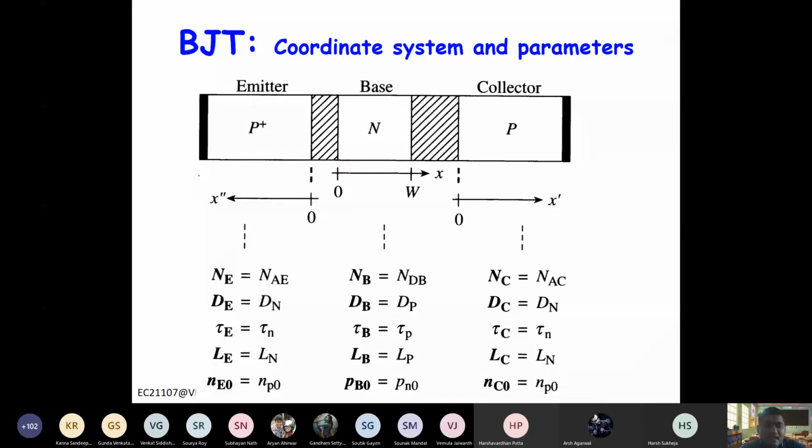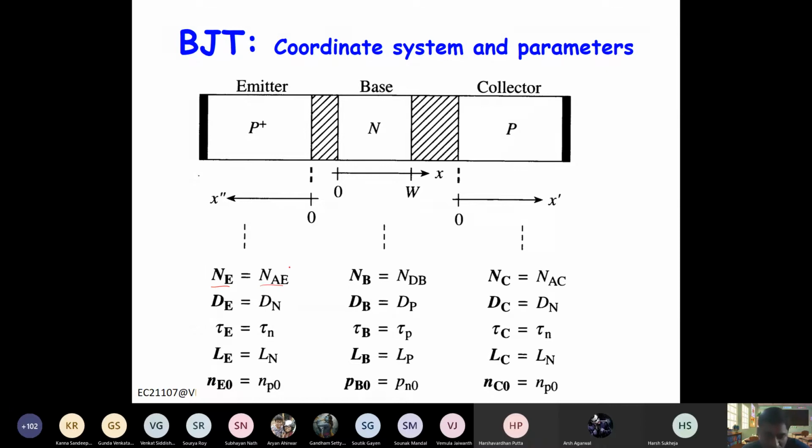So let us look at this diagram. P plus emitter, N type base, and P type collector. And some notations are given here. Ne is the doping concentration of the emitter. So this doping is acceptor type, so it's Na in the emitter.